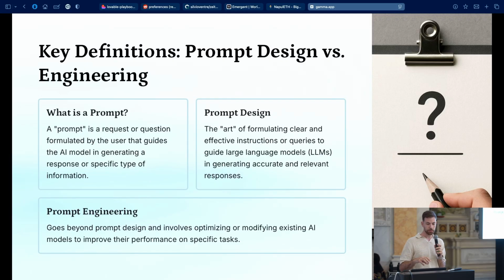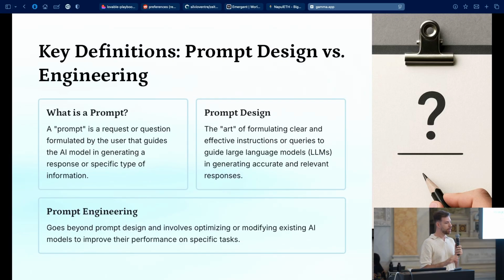So what is a prompt? A prompt is just a request, or a question formulated by a user. Since the only way to talk with large language models is with natural language, two topics were born in the academic context: prompt design and prompt engineering.